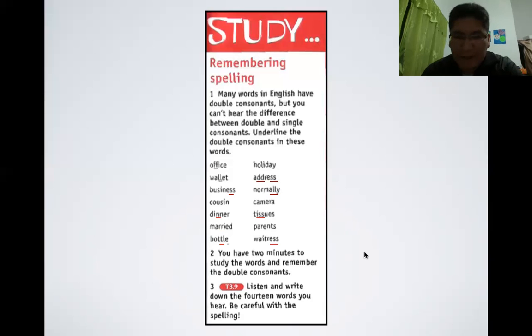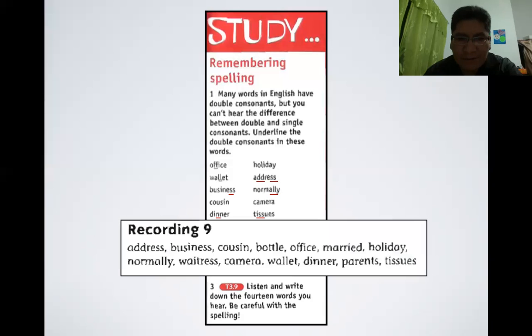Okay, we have finished with this part about the spelling. Word number 1 is address. Number 2, business. 3, cousin. Number 4, bottle. 5, office. 6, merit. 7, holiday. 8, normally. 9, waitress. 10, camera. 11, wallet.